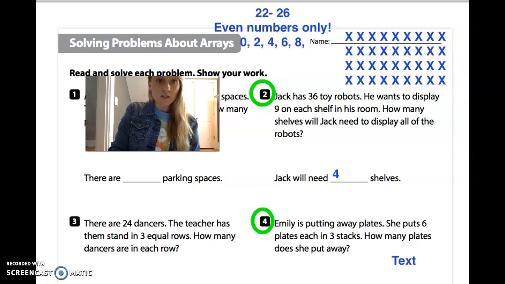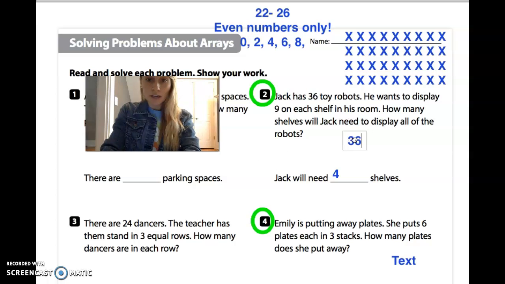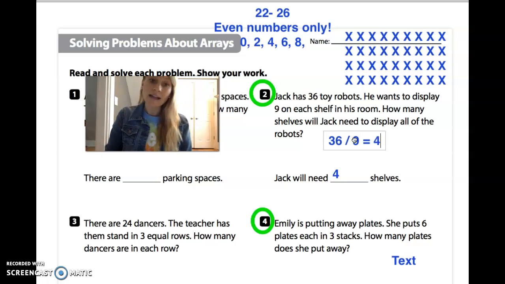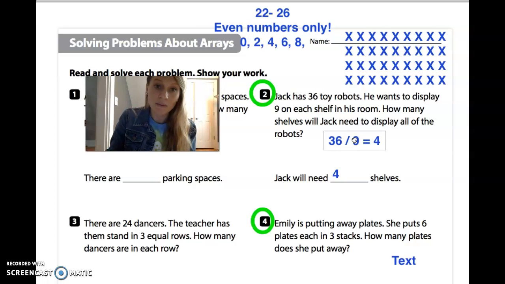Now I could have also thought about a multiplication sentence here, or a division sentence: 36 divided by 9 equals 4. That's the most efficient way to get there, but it's important that you think about how arrays can be set up. So there is an array right here to show 9 on each shelf.